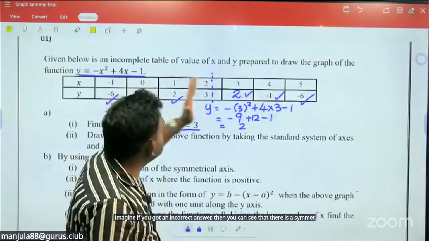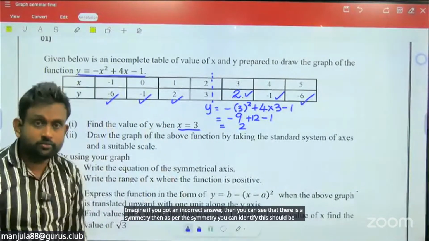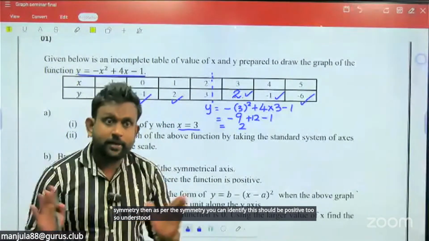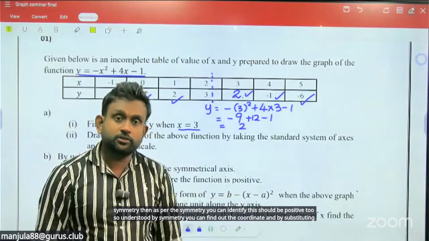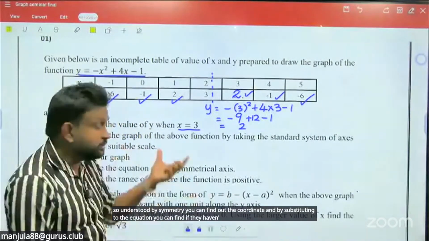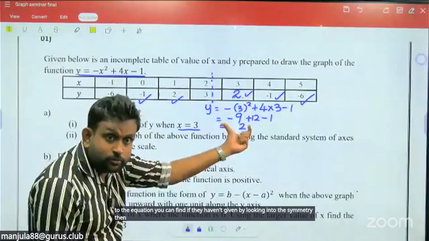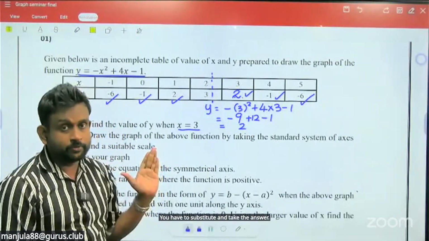Then as per the symmetry, you can identify this should be positive 2. So understood, by symmetry you can find out the coordinate, and by substituting into the equation you can find it. If they haven't given it, then you have to substitute and take the answer. Okay, right.